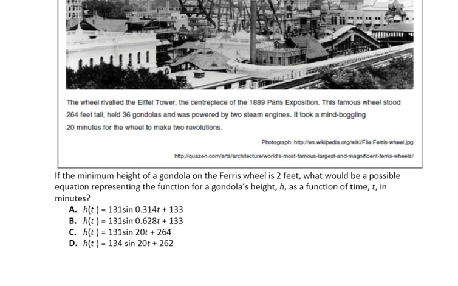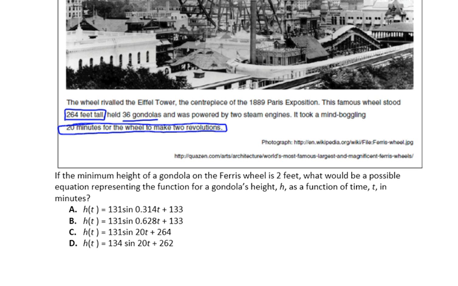The famous wheel stood 264 feet tall. That might be important later on. Held 36 gondolas. Probably not that important. Gondolas, thank you. And was powered by steam engines. It took a mind-boggling 20 minutes for the wheel to make 2 revolutions.